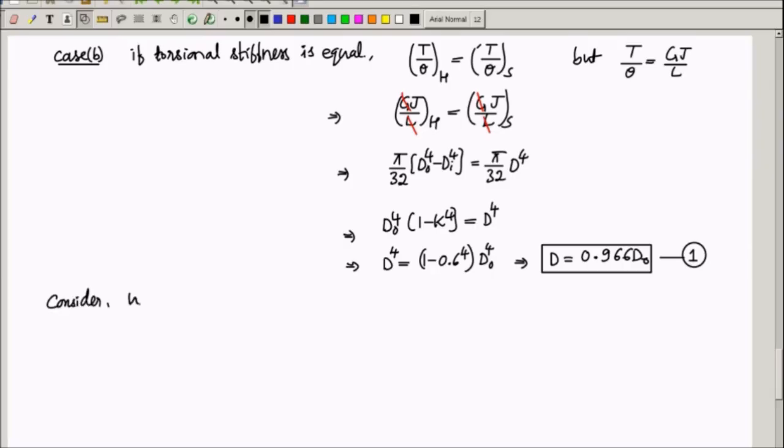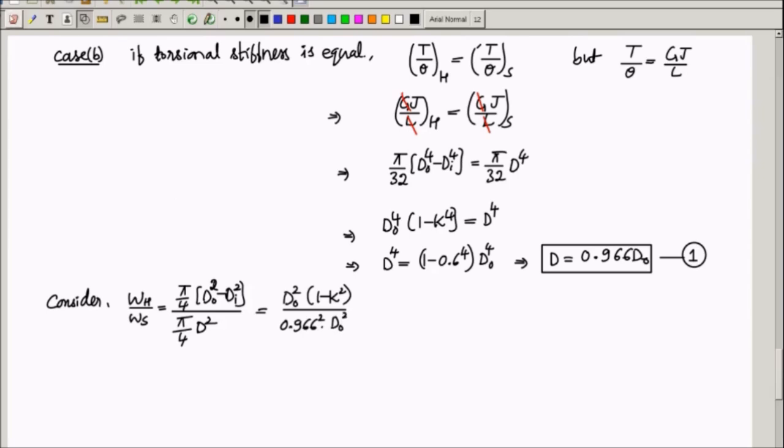So now let us compare the weights. Consider weight of hollow shaft to weight of solid shaft. Again, when we compare the weight, only cross-section area will come into picture. So pi by 4 d naught square minus di square divided by pi by 4 d square. If I take d naught square outside, 1 minus k square divided by d square, which is nothing but 0.966 square into d naught square.